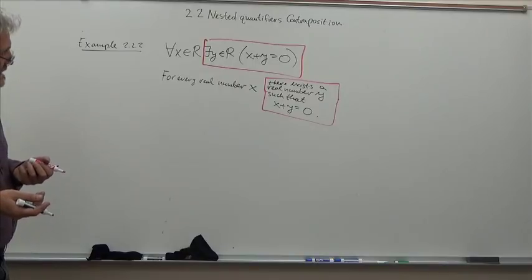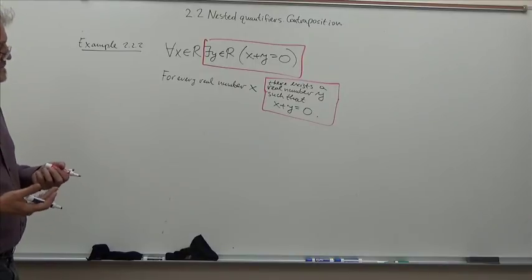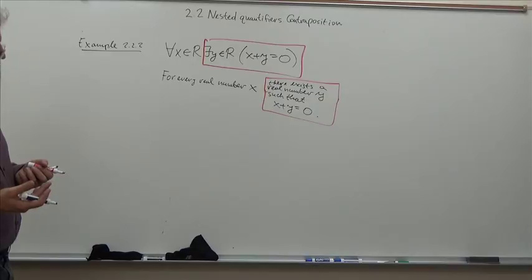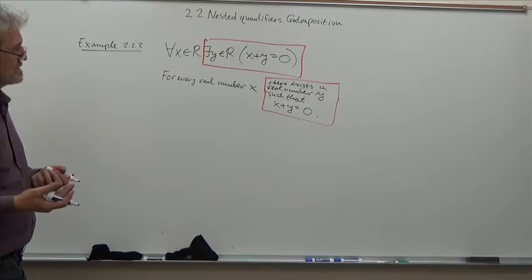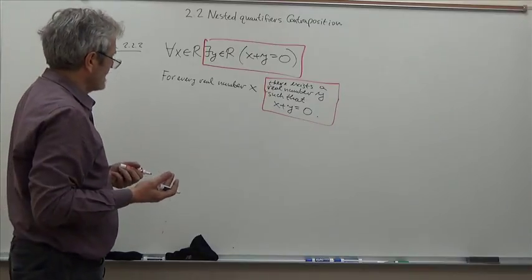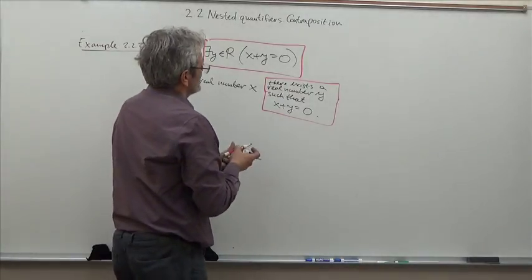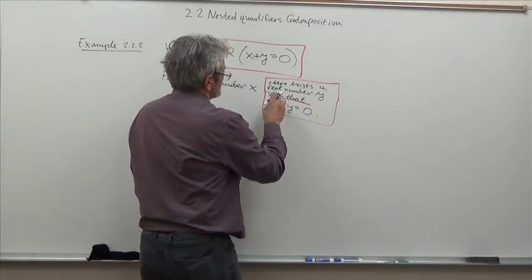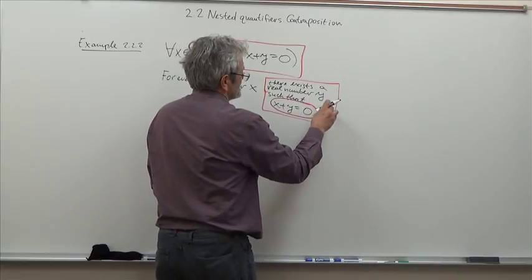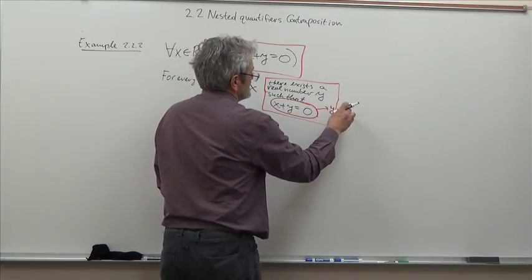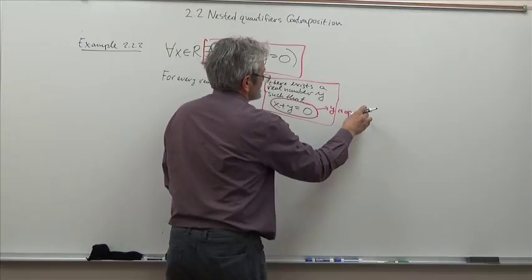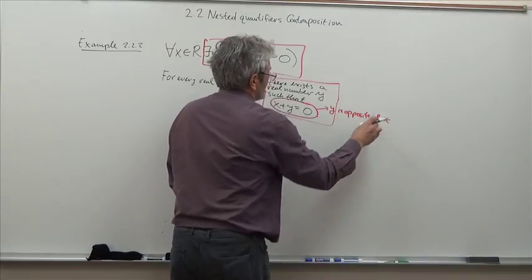And then we can relax this a little bit more to have a sentence that looks more natural and less mathematical, especially if we invent some terminology. When this happens, we say that y is the opposite of x.